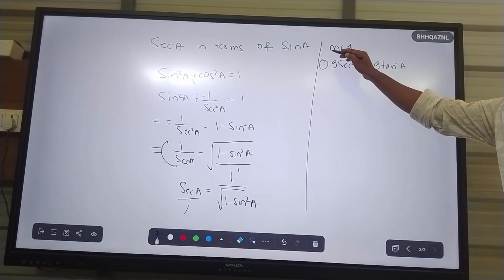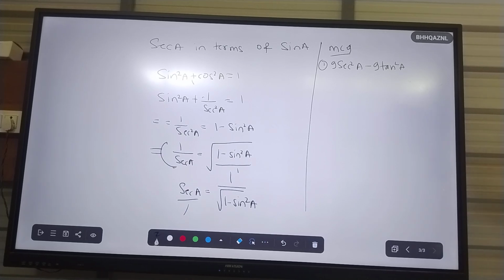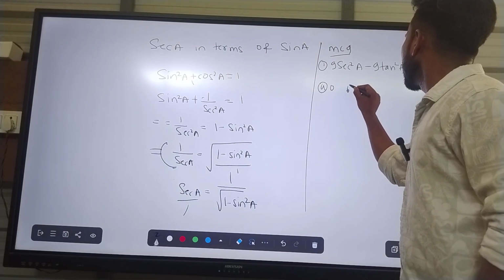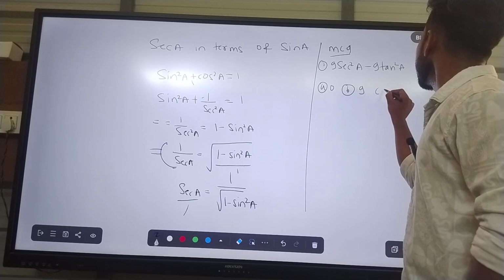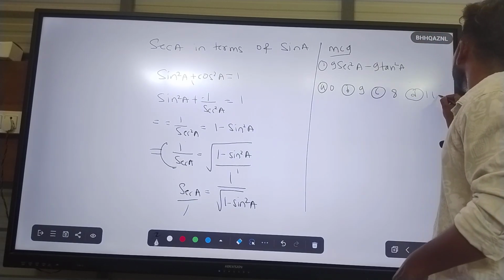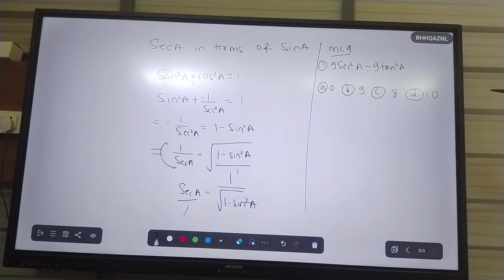Last final. This is an MCQ question. Options: A, 0; B, 9; C, 8; D, 10. Try by identities. Which identity satisfies?